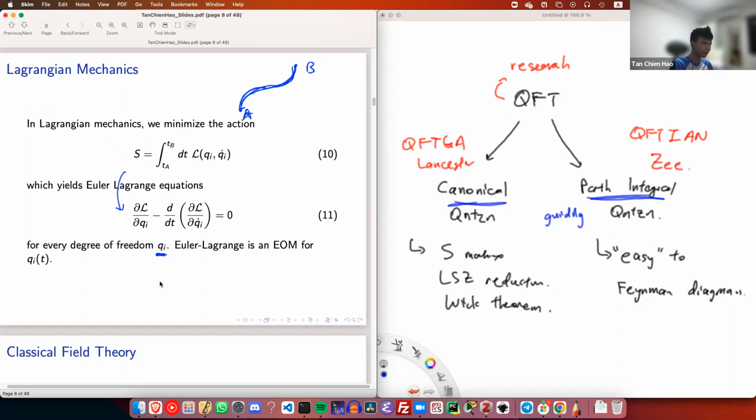For example, if our system had coordinates r and theta, say a spring pendulum with a mass m, where r is the distance to the fixed point and theta is the angle, then there are two equations, like d/dt of the derivative with respect to theta dot, and the same thing for r. It will solve for every degree of freedom q.